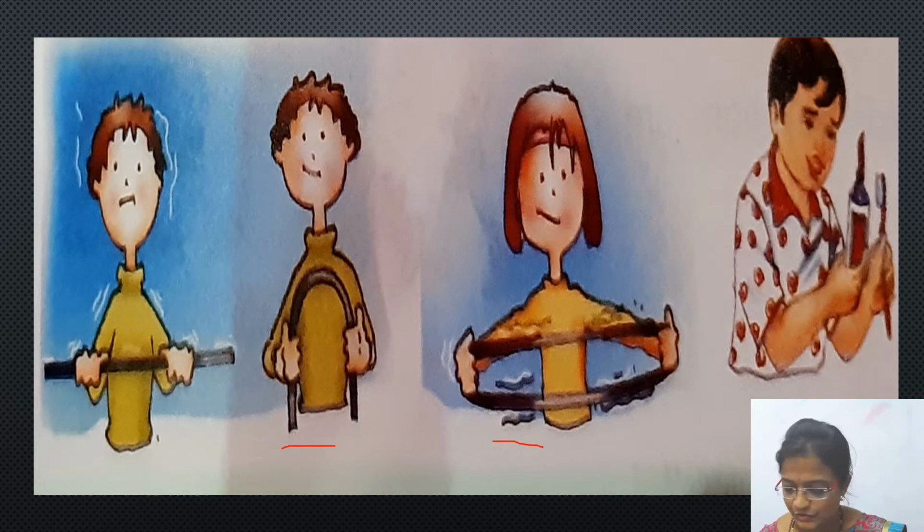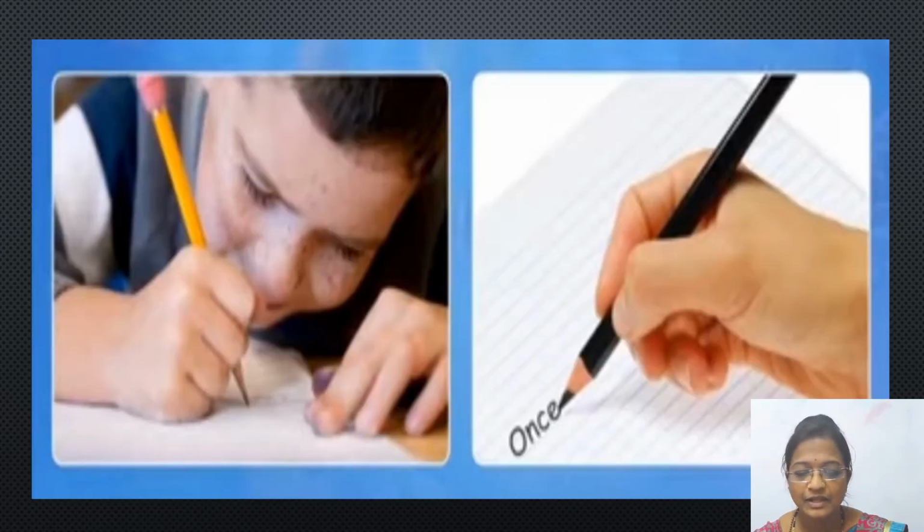Okay. So next, force is also applied to change the shape of an object. When you write, you are exerting a force, isn't it? So when you are writing, where will the force be applied? You will exert a force on the pencil because you push it over the paper, isn't it?